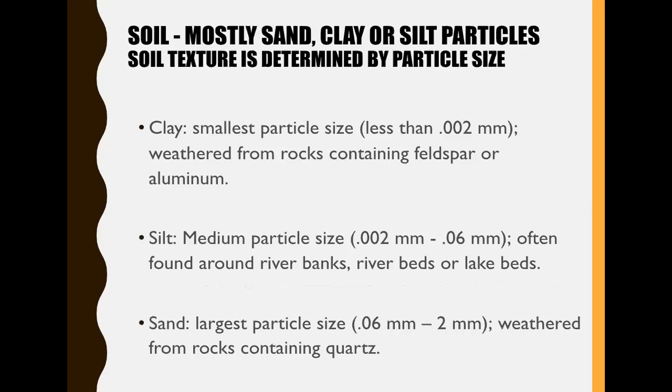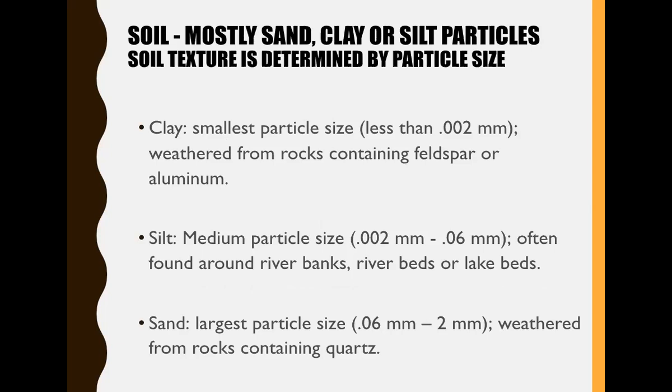So soil is mostly sand, clay, or silt particles, and that's what we're going to use the triangle for today, okay? But soil texture is actually determined by the particle size. So clay is the smallest particle size, so it is less than 0.002 millimeters.